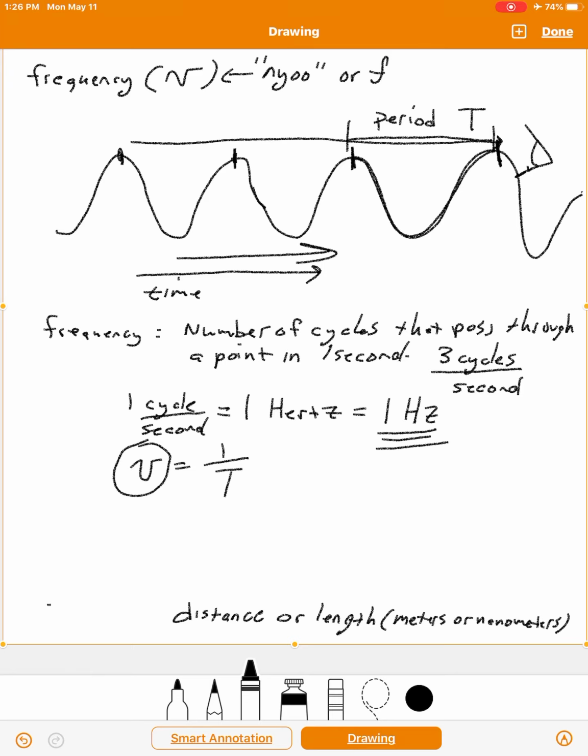So we now have 2 quantities. One is the wavelength, and the other one is the frequency. Now I'm going to connect the two.